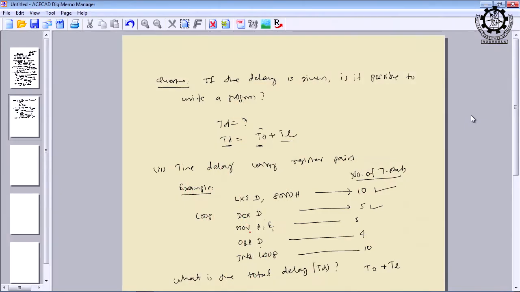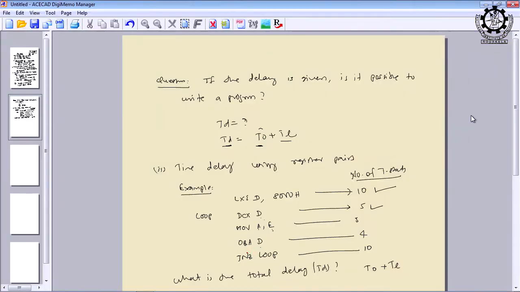Every time you write DCX D, the E value will be decremented by 1 first until the E value becomes 0. Then whenever the E value becomes 0, it will start decrementing the value of D, and whenever both register contents are zero, this loop will end, or the zero flag will be set to 1. Is it clear?